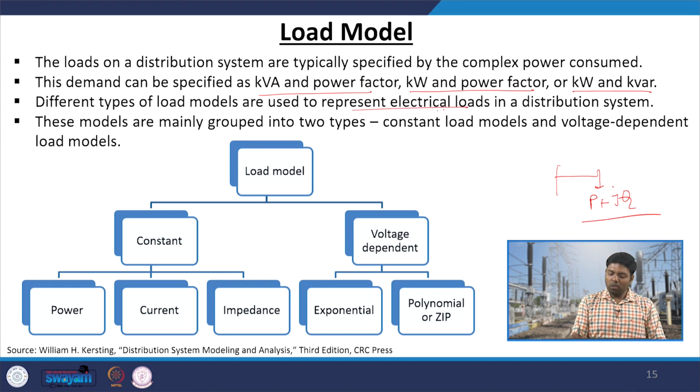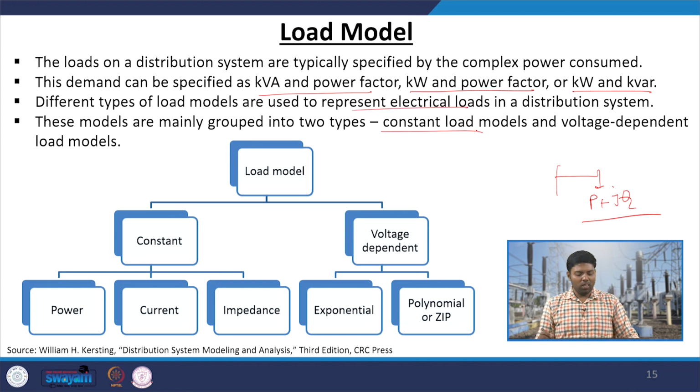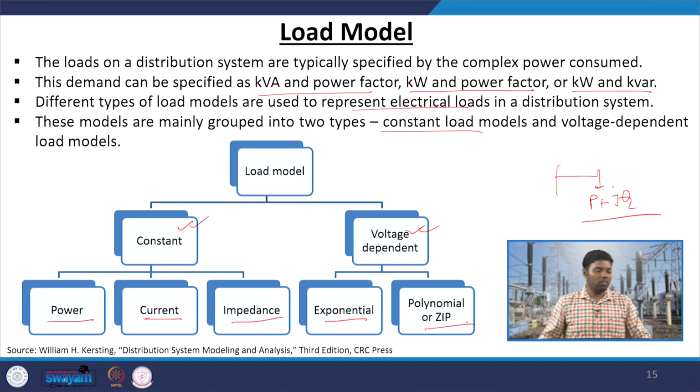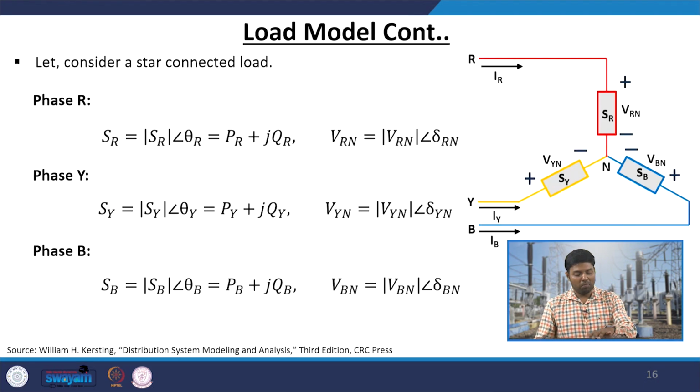Depending upon the operation of the load, it can be a constant load or a voltage dependent load. The constant load can be a constant power load, constant current load, or constant impedance load, and voltage dependent loads can be modeled as an exponential load or a ZIP load. Now, we will see one by one.